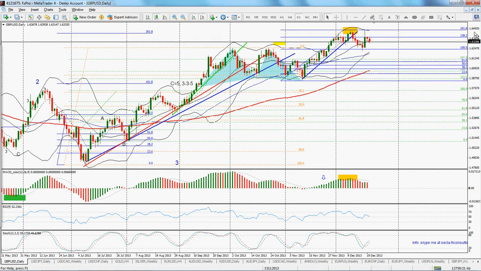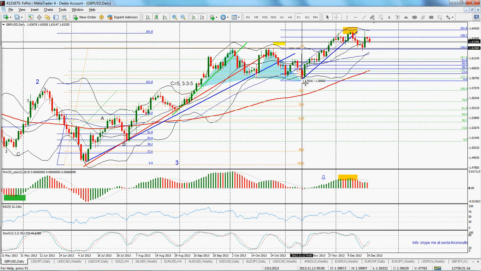Good. Here the daily chart. We have reached 161.8 here. This is the bad pattern I have explained last week, and this has developed by, this is 400 pips, and the market made 200 pips, so 1 to 2.5.